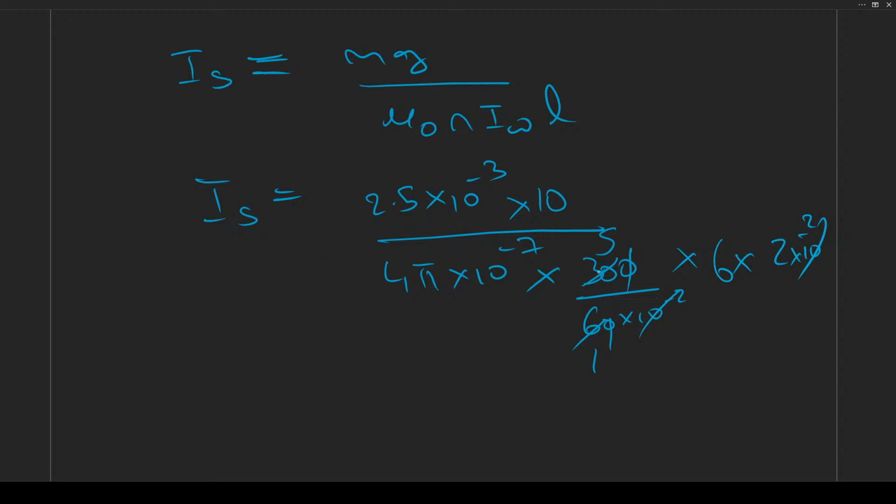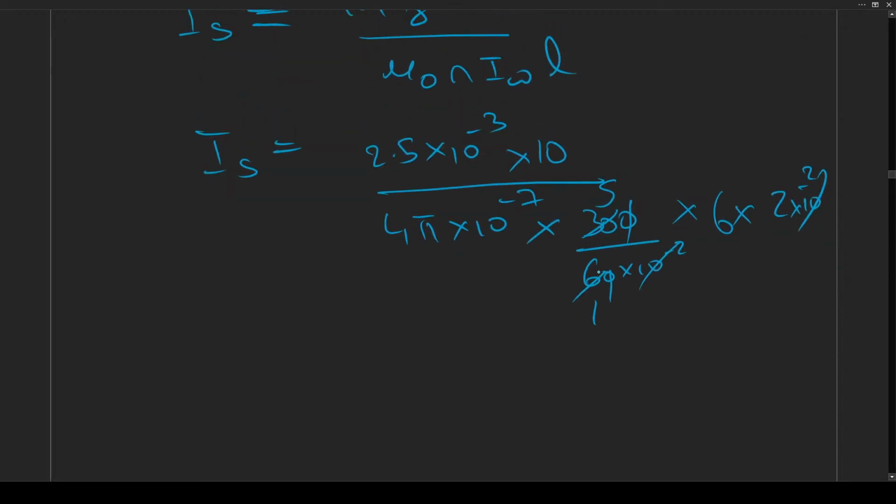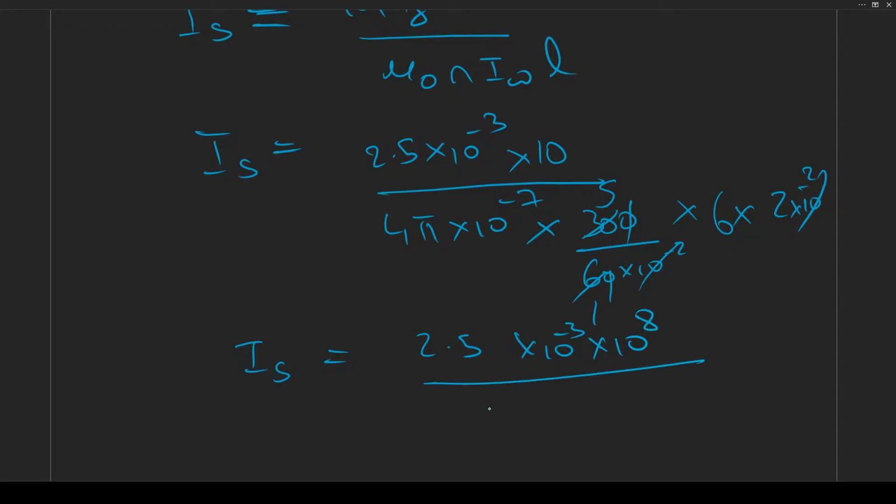I in the solenoid, which is equal to 2.5 into 10 power minus 3 times 10 power 8 by 4 pi into 5 into 6 into 2. Ones are, twos are.